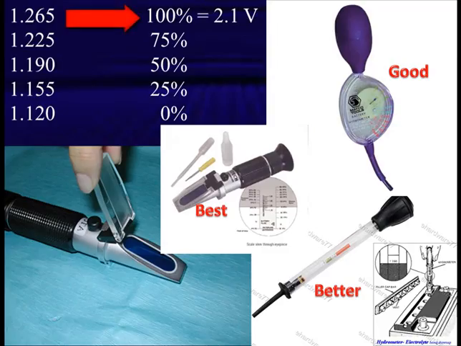That yields about 2.1 volts per cell. Put that in perspective, that's 12.6 for 6 cells. But if we come up and look with our hydrometer, we've got 3 of them. Good at the top right, better at the bottom right, best is the optical in the middle. It's got the best compensation and gives us the most accurate reading.